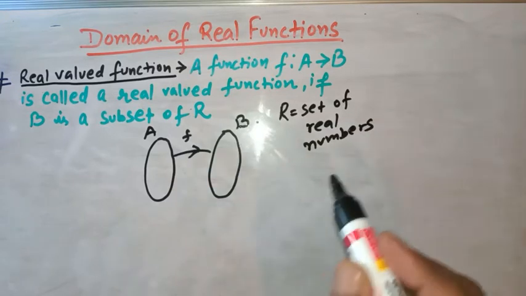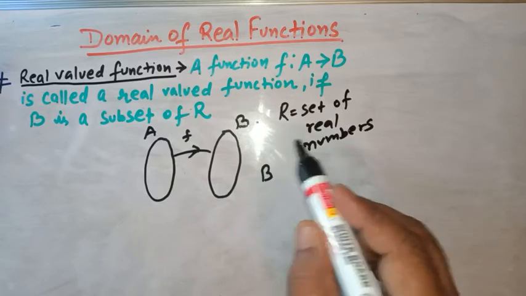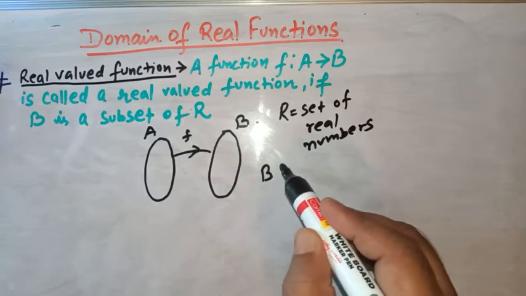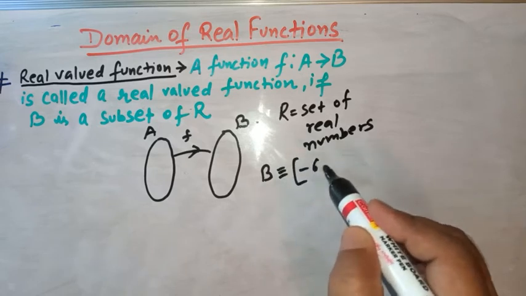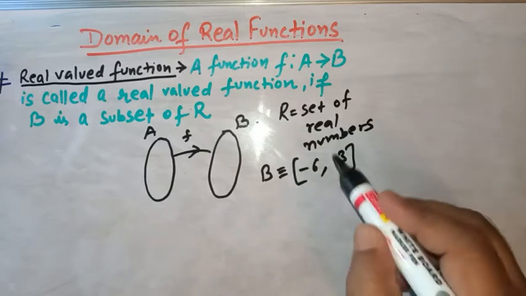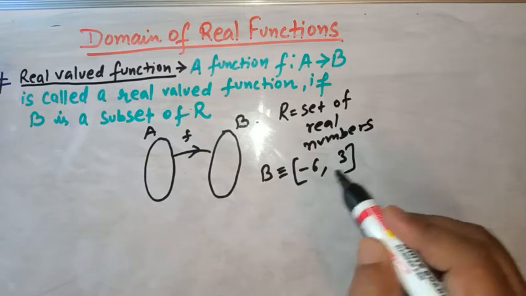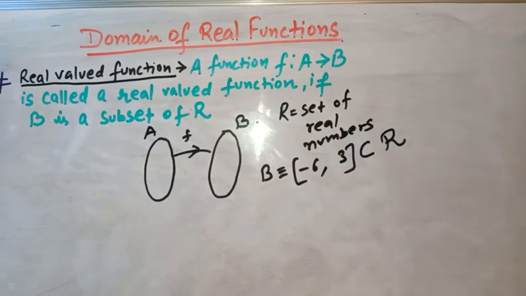Now B may be an interval, say if we have B as -6 to 3, then obviously this closed interval, which is closed from both sides, is a subset of the set of real numbers. Clear?